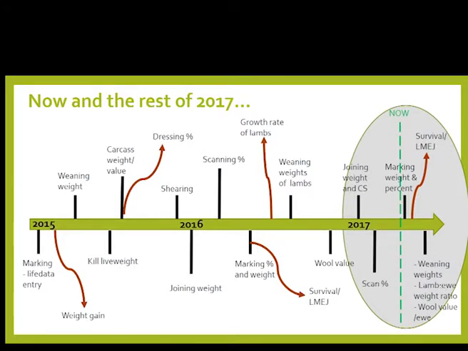What we'll do down the track is get another lamb marking weight and percentage, because they're all joined to the same sire breed, and then I'll look at matching those ewes and lambs, getting a ewe to lamb weight ratio. So if they're enormous, they better have an enormous lamb to make me put up with them. So just correlating the adult weight to the kilos of lamb that they'll raise, and then also a wool value.